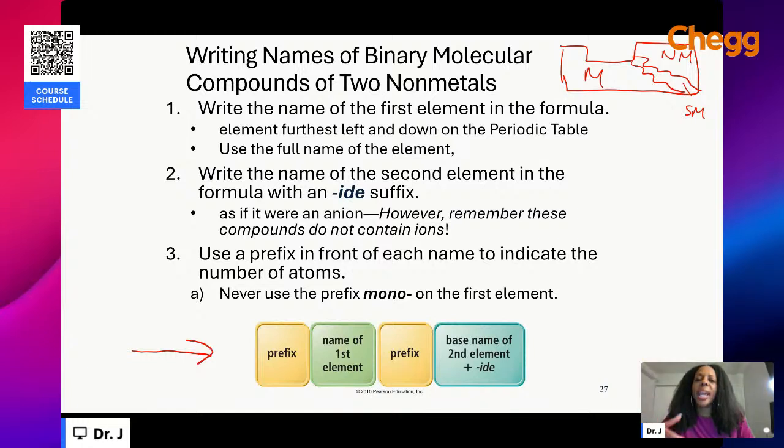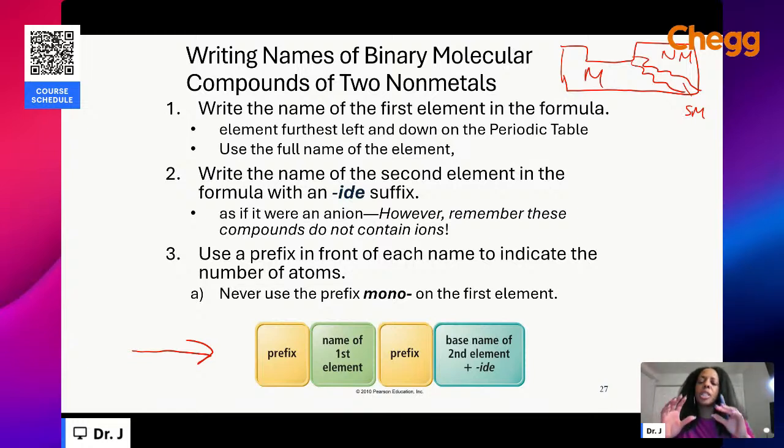We're going to be indicating how many of each element are present by using these prefixes that are available. Most of the prefixes you've probably heard before, like mono, di, tri, penta, hexa, hepta, should be very reminiscent of a geometry class, maybe if you've taken them before.